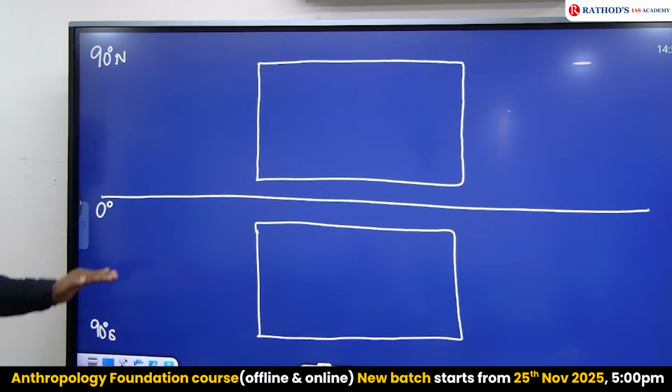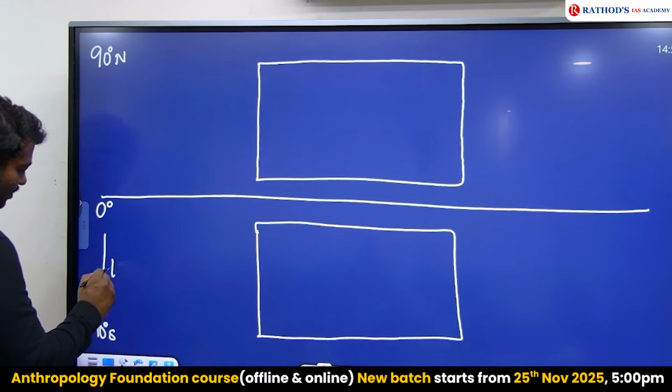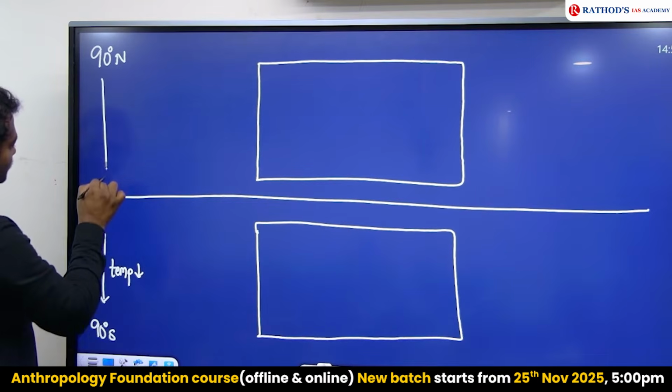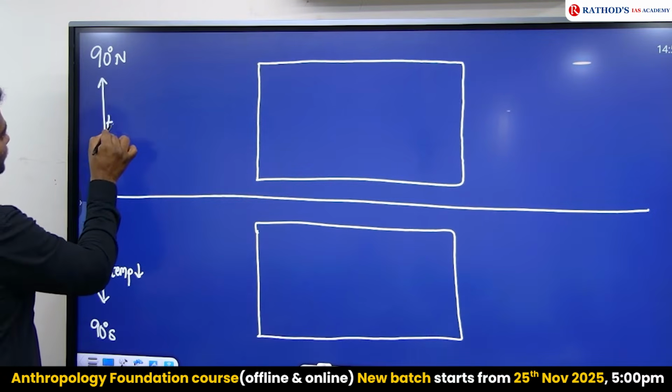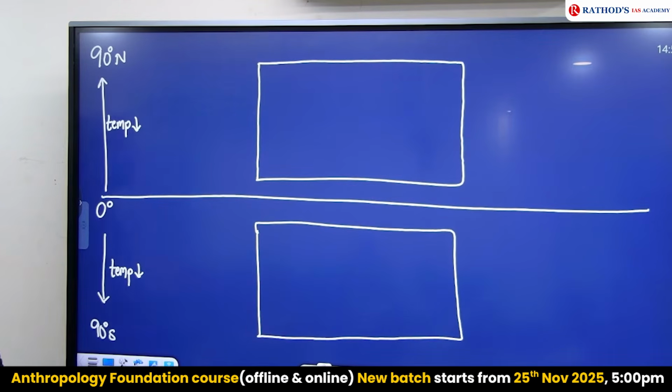Equator to poles, temperature decreases. Here also temperature decreases. Here also temperature decreases.